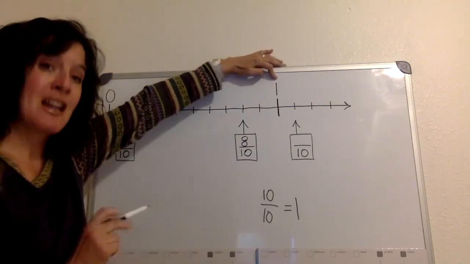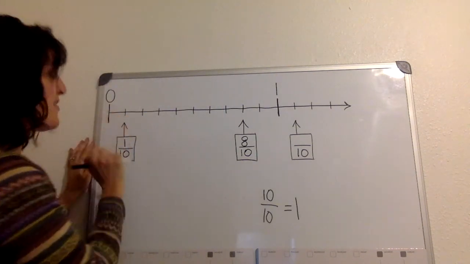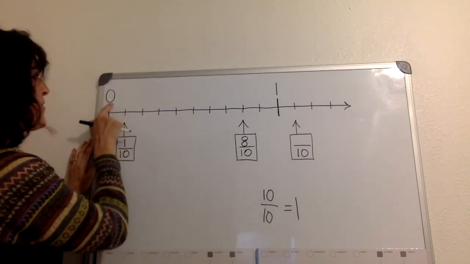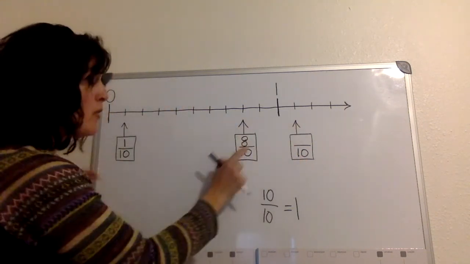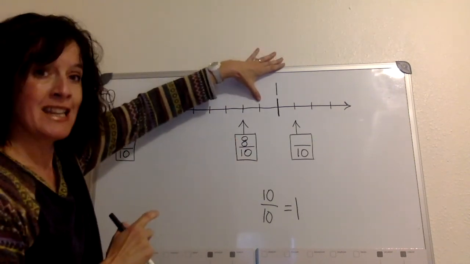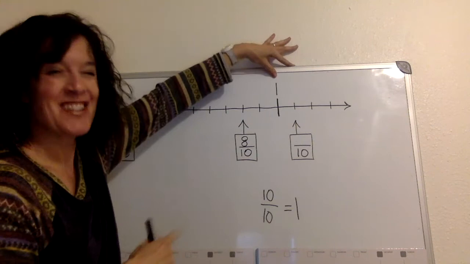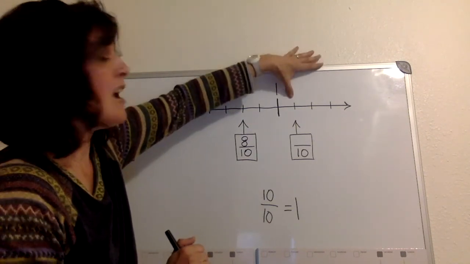Let's keep going. Now for these problems, we're not going to start over. How many tenths are from 0 to this one right here? Well, we stopped at 8/10. Let's keep going. 9/10. 10/10. We actually stopped at 10/10, didn't we? Now, 11/10.